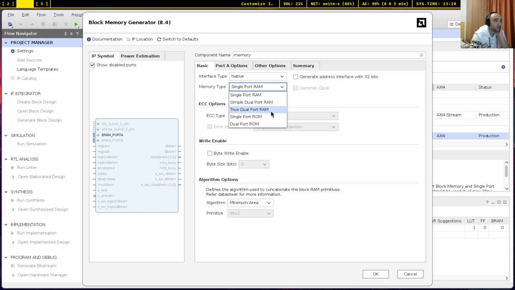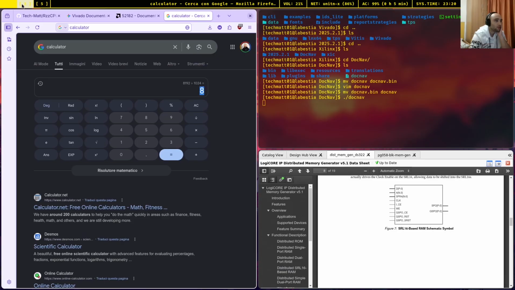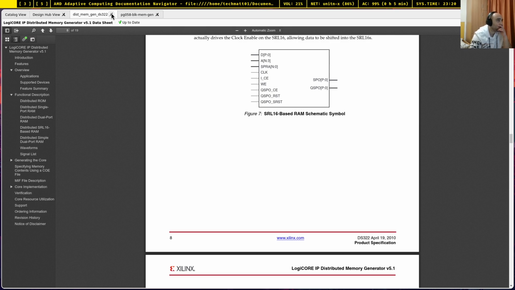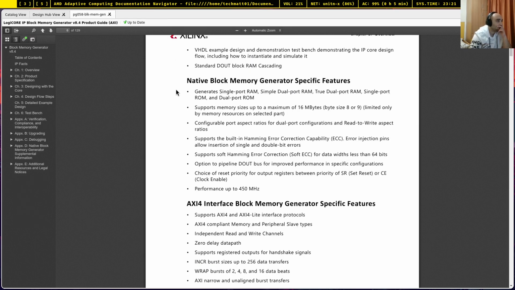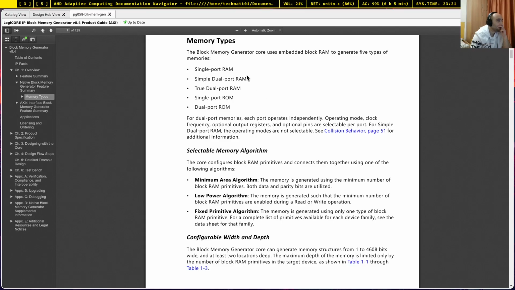Okay, so first of all, it's... What? There's a difference between simple dual port and true dual port. So to see this, we have to go here to see what is the difference. Let's close the distributed memory generator. And let's see. Overview. Yeah, memory types.